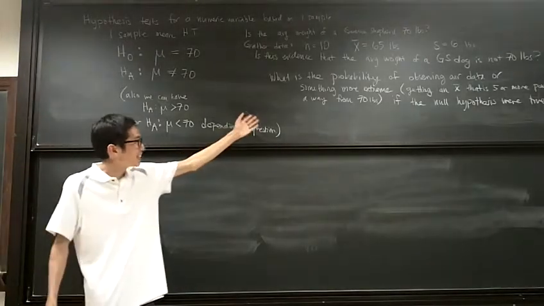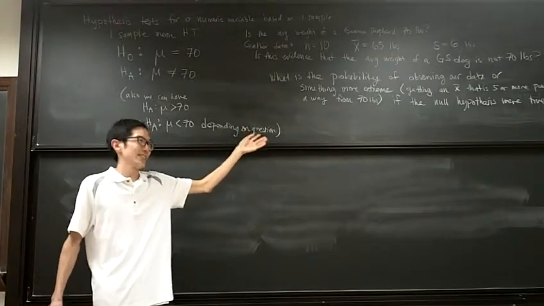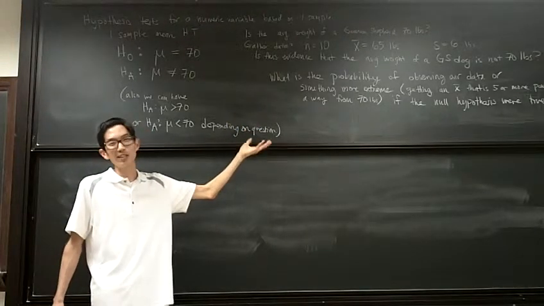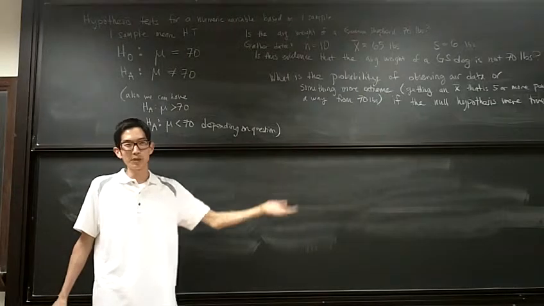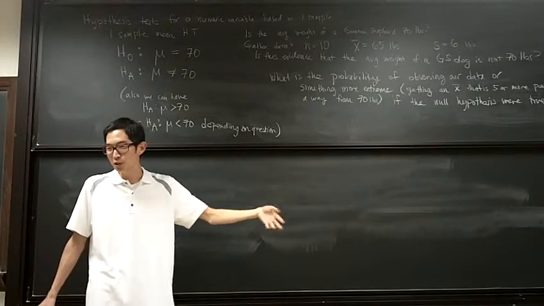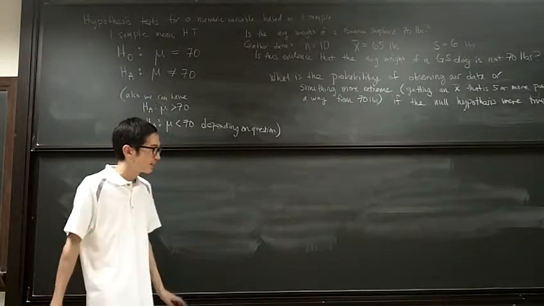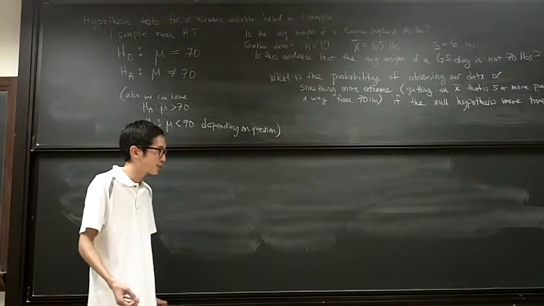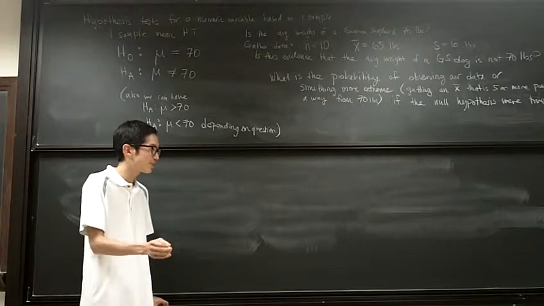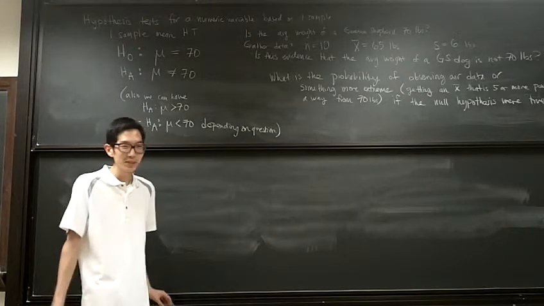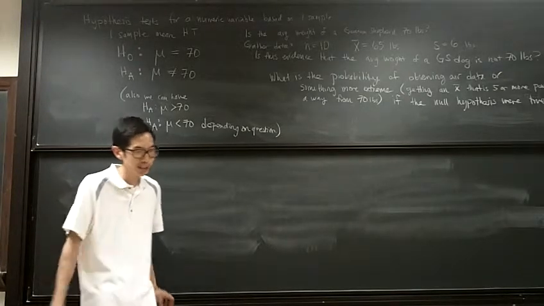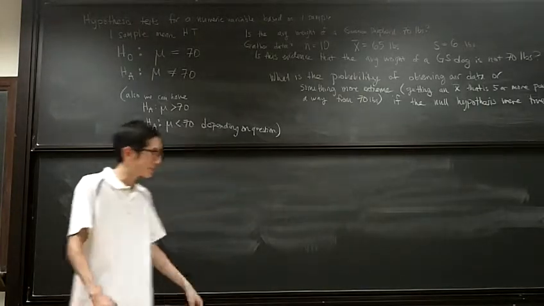I'm hoping if you try it out with the p-value, in the beginning it just feels like this gibberish statement. It's the probability of observing your data or something more extreme if we assume that the null hypothesis were true. But maybe after you say it a bunch of times, one day the definition will click and you'll understand what it's actually saying. And I hope that happens relatively soon for you guys.